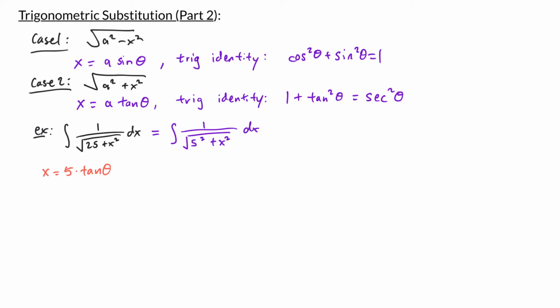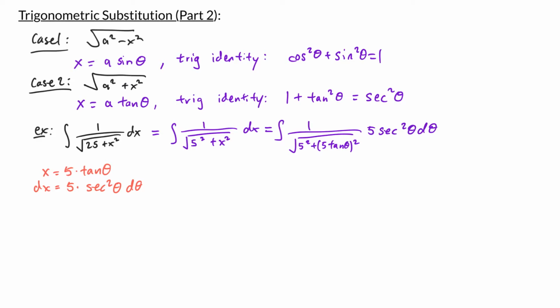Taking the derivative of both sides, we have dx equals 5 times secant squared of theta d theta. So making our substitution here, we get the integral of 1 over square root of 5 squared plus 5 tangent theta squared, and the dx gets replaced with 5 secant squared theta d theta.